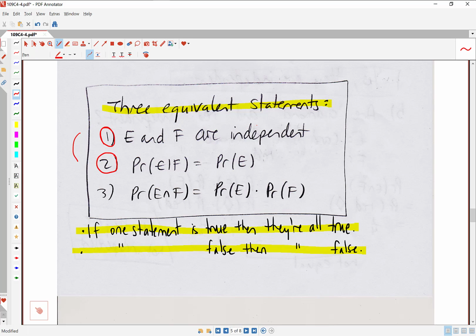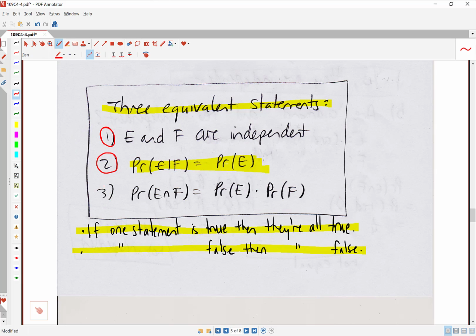If E and F are independent, and you're given that F has occurred, that should have no impact on E because E and F are independent. So knowing that F occurs should not change the probability of E. Therefore, the probability of E given F should be exactly the same as it was before you had the information about F. So the probability of E given F should be exactly equal to the probability of E. That's only true if E and F are independent.